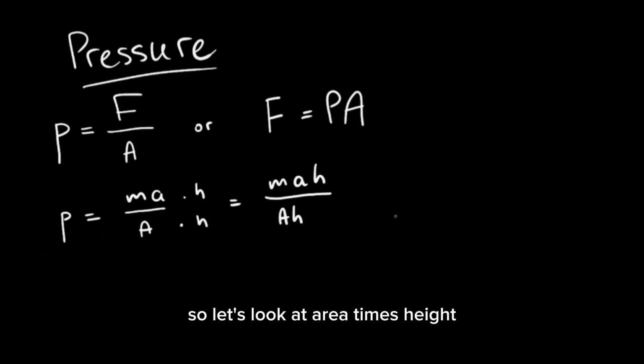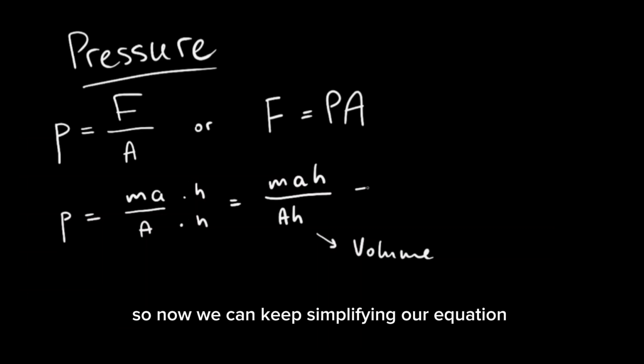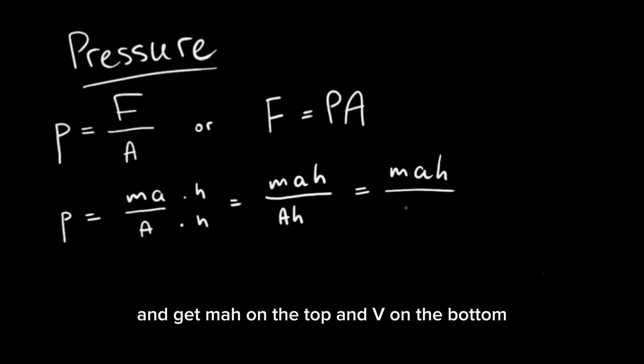So let's look at area times height. Does it give us something? Yeah, it's a volume. So now we can keep simplifying our equation and get m a h on the top and V on the bottom.